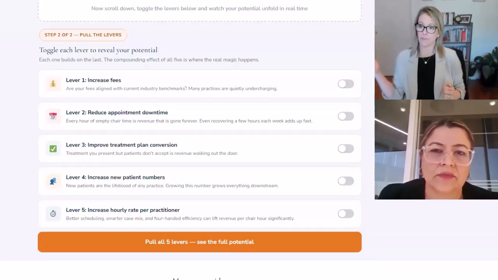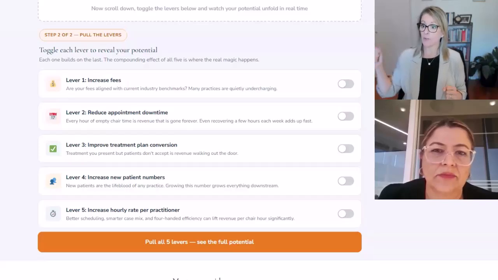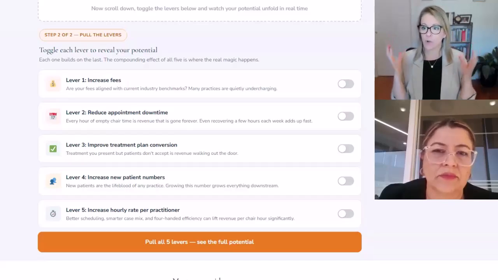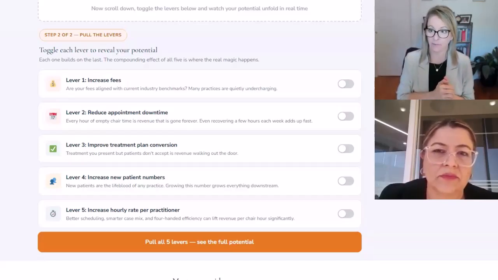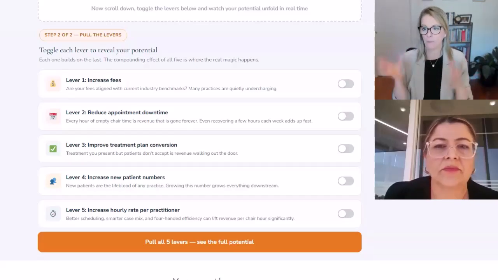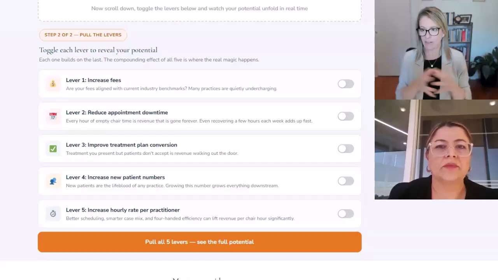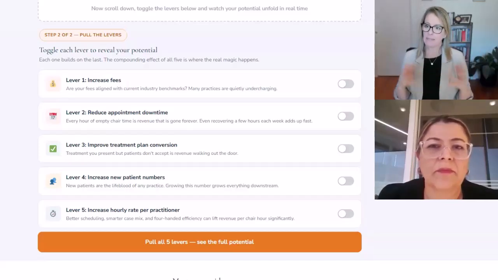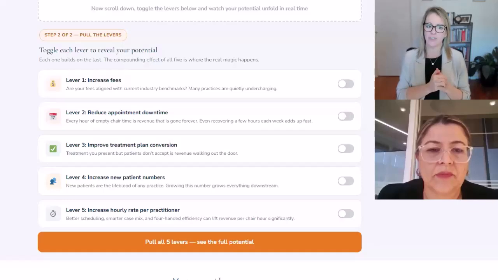If you're at the other end of your career, you may have already owned the building, you own all the equipment, and so the costs are less. And so it's always just one of the data pieces, the level assessment tool that we've got, but it's an important one. And so we put your fees through that, determine where are we sitting, is there the need to actually increase our fees. How about the second lever, Meenie, reduce appointment downtime?